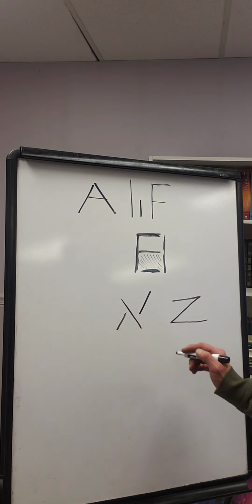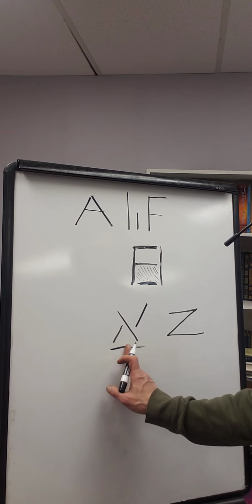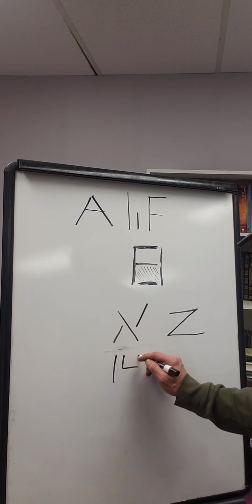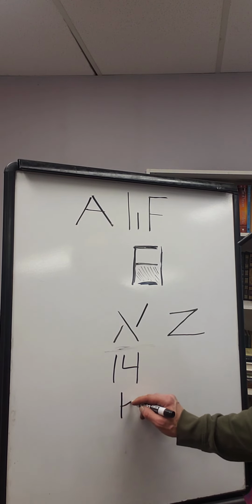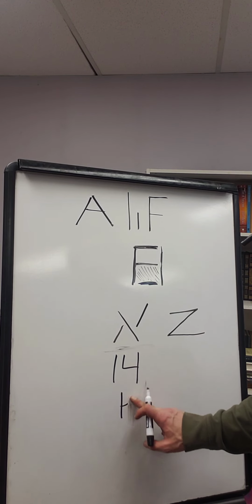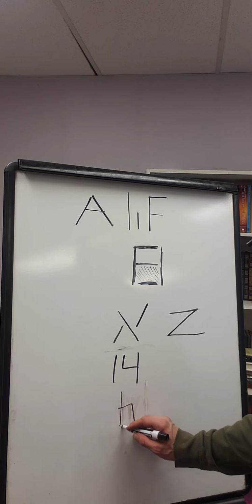So we look at the Aleph, this symbol right here. The N is the 14th letter, which upside down 14 you see HI as in high. So I'm going to get into that too, because if we add one rib to that, we have bi.